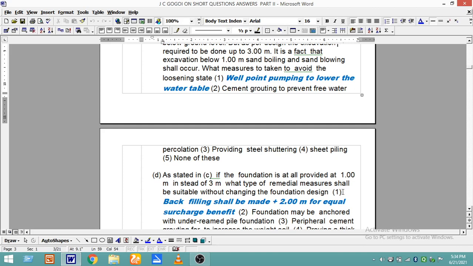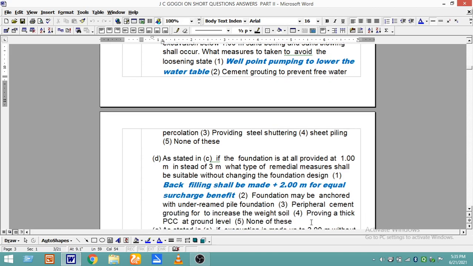Given answer is backfilling shall be made for 2 meter for equal surcharge benefit. Foundation may be anchored with underream pile foundation. Peripheral cement grouting to increase the weight of soil, providing a thick PCC at ground level. None of this.